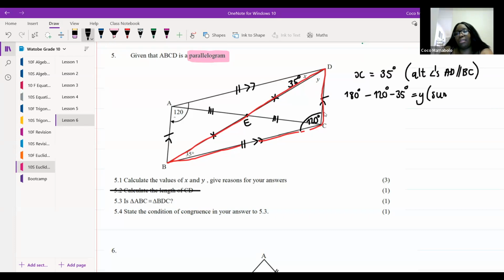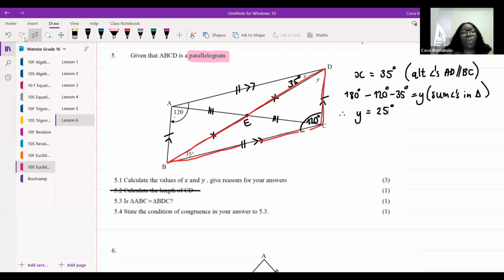I'm going to say sum of angles in a triangle. Now calculate y for me. Therefore, y is equal to 25 degrees. Beautiful. Well done, excellent stuff.